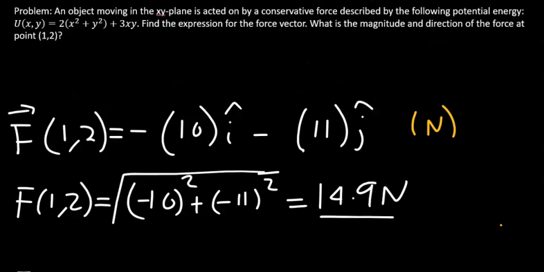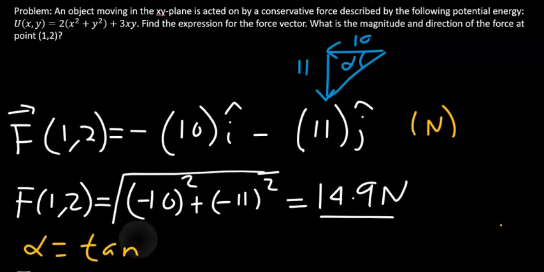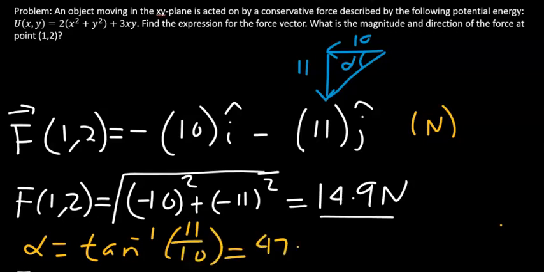You see that the x component is minus 10, the y component is minus 11. So that is 10 and this is 11. So all you have to do is to compute this angle alpha. So alpha is the arctangent of 11 over 10, which will give you 47.7 degrees.